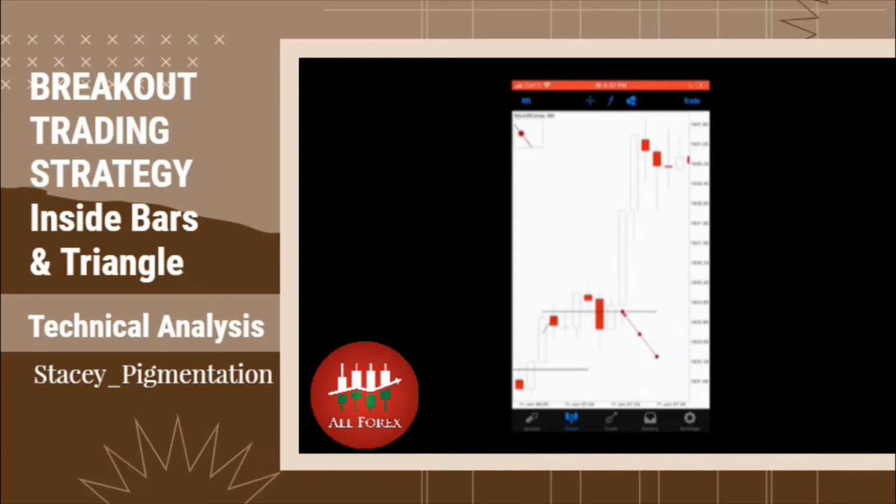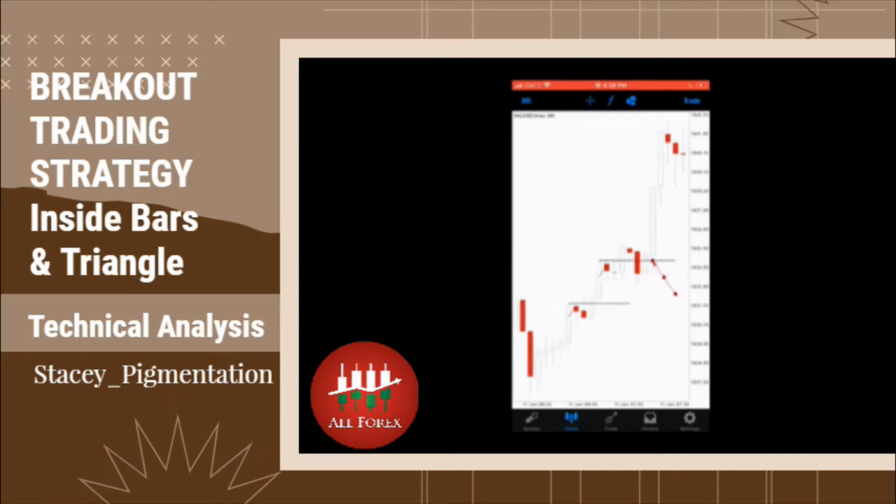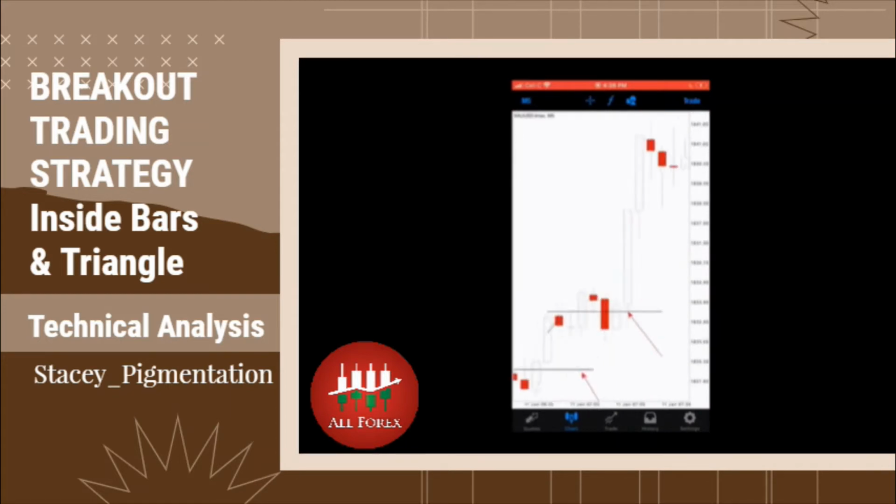Our entry was going to be triggered at 1834. That was going to be our next entry, right? Fine, we'll move forward. And again, I said inside bar pattern can also represent the beginning of a consolidation phase. Remember, consolidation phase is when the market creates small candlesticks in one place.